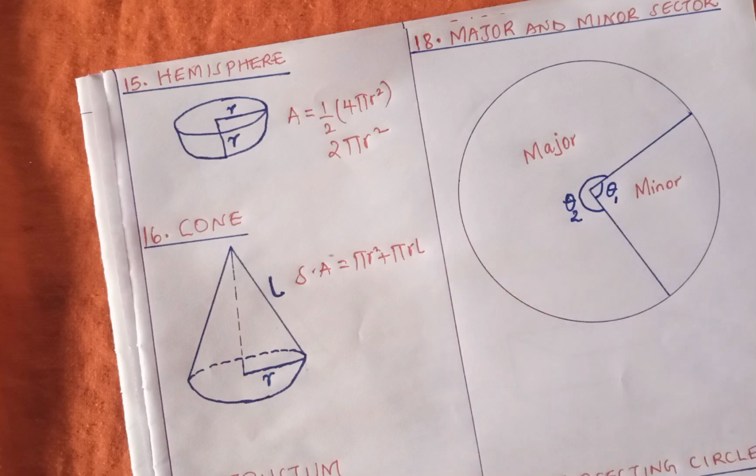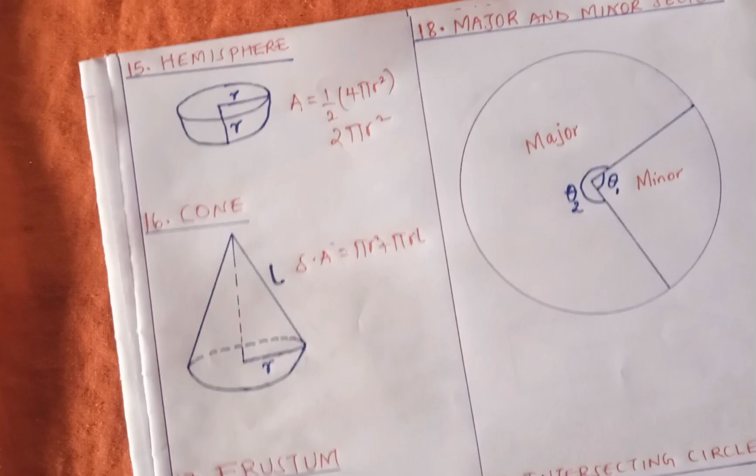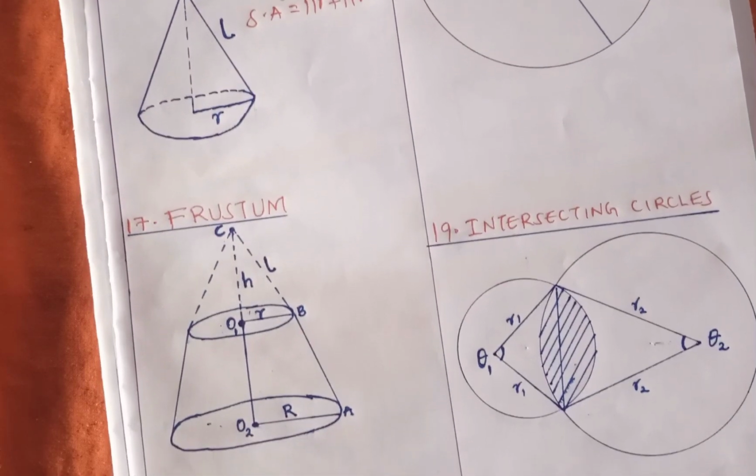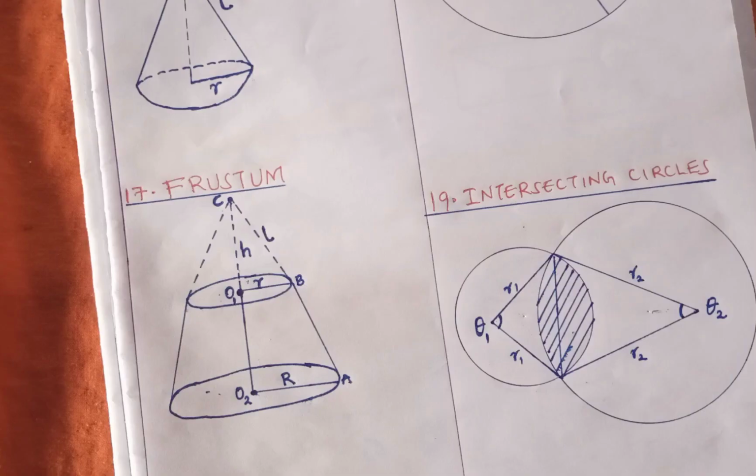The next thing that I want us to discuss is the frustum. So for the frustum, we need to first of all identify some things. We need to identify the bigger radius in this case. The bigger radius, as you can see, is represented by capital R in this diagram.